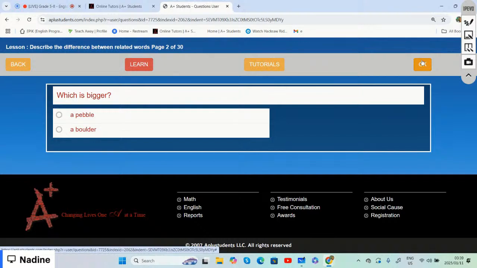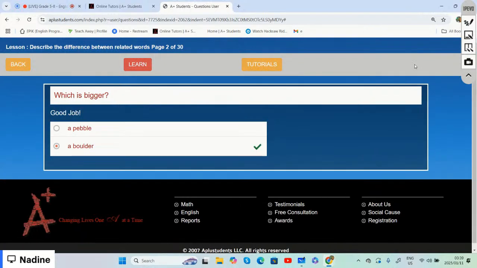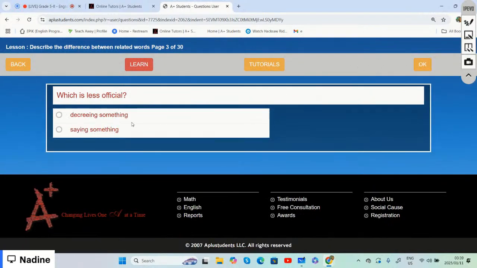And if we were to identify the word that is bigger, then we can say a boulder. Both of these words are similar, however, there are slight differences in meaning. Well done. A boulder is bigger.